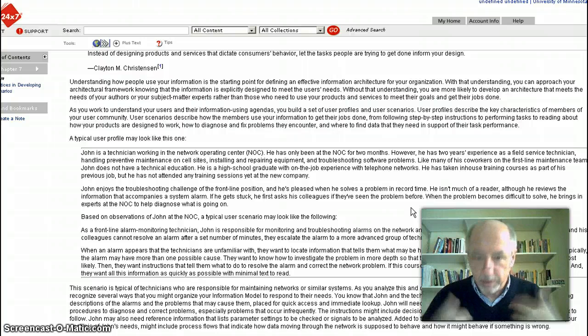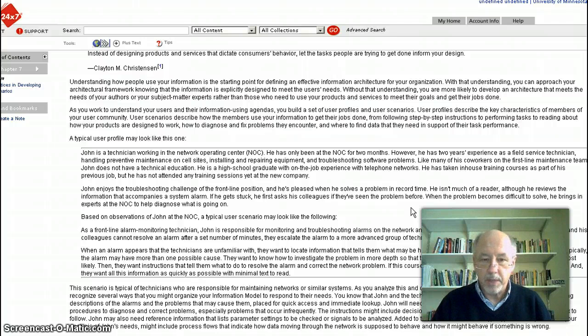But I think we can just generally think of the differences between the two as one being focused on personality, or the person, the individual, and the scenario being focused on the context or the social interaction among people in which the document will be used.